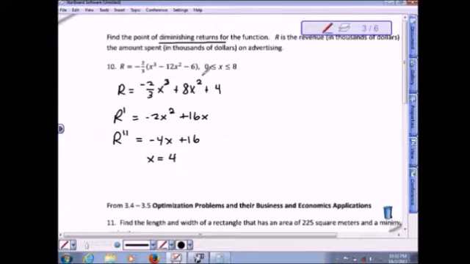Now first let's just check that's in the specified domain. X can be anything between 0 and 8, where 8 is in thousands. These are in thousands of dollars, so this represents a value of $4,000. Now, just to check that this really is a point of diminishing returns, we have to check that the graph is switching from concave down to concave up.